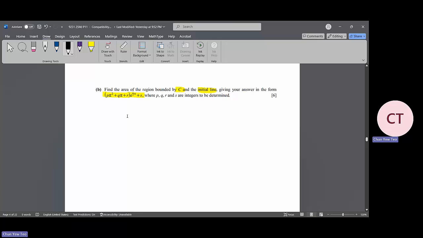So over here we straight away write the area A is equal to the integral of half r squared d theta, 0 to 2 pi. So what is the r squared? Your r is theta e to the power of 1 over 8 theta, squared.